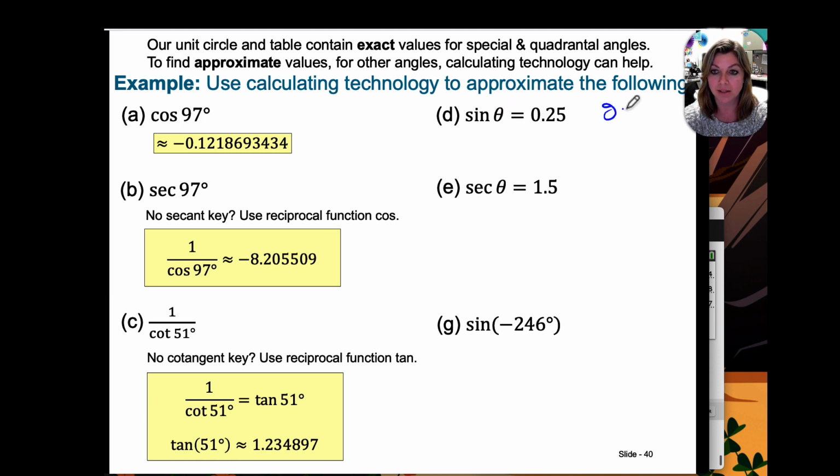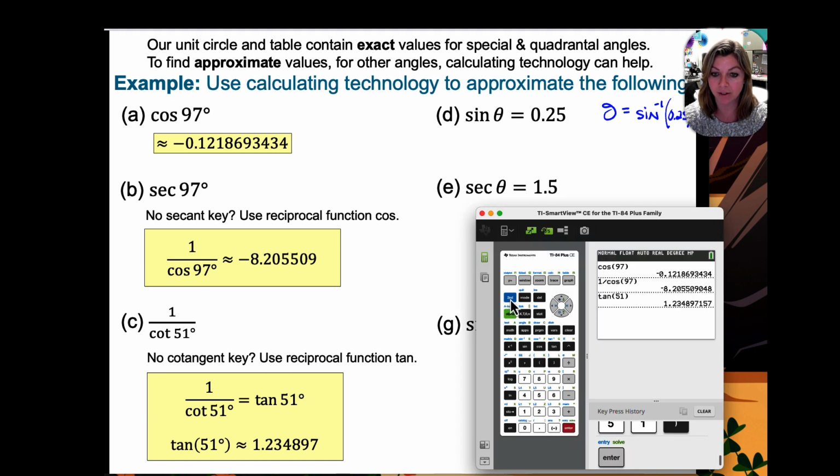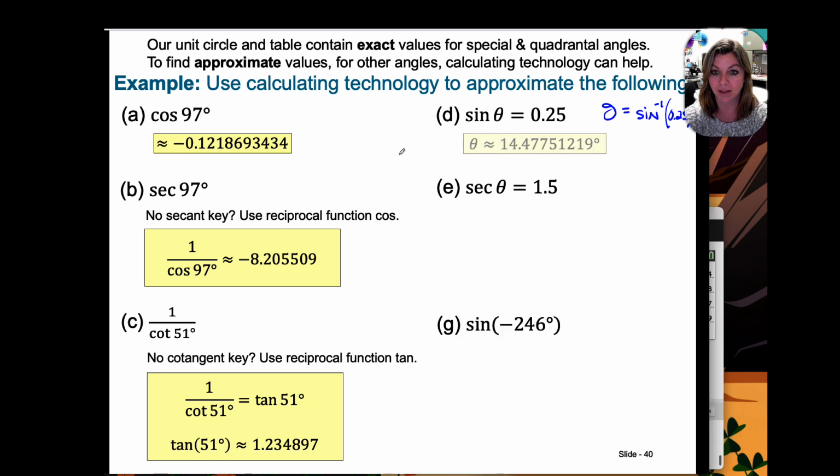Theta is equivalent to inverse sine of the value 0.25. Typing that in, we hit shift first to call in the inverse sine function, value of 0.25, close it, run it, and the angle with sine of 0.25 is approximately 14.4775 degrees.